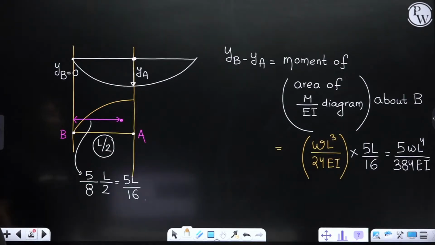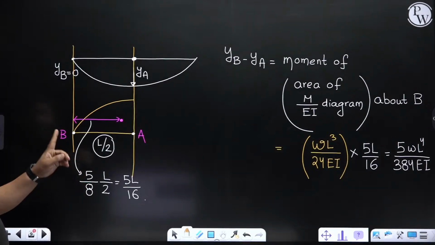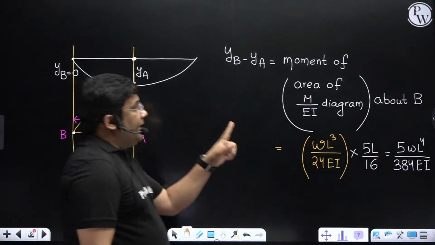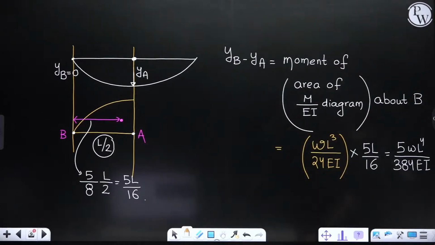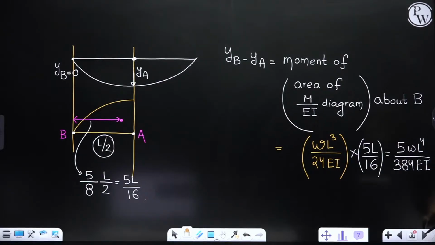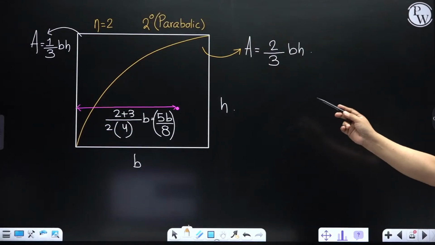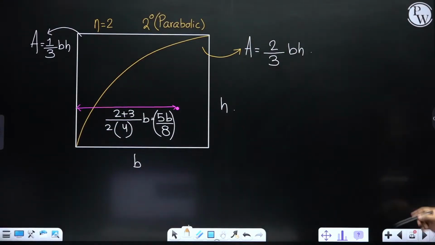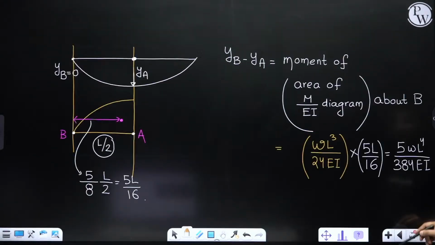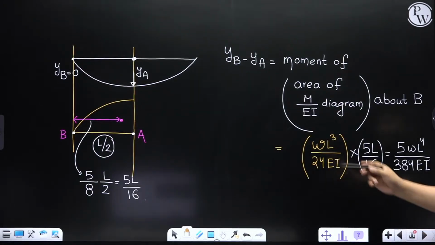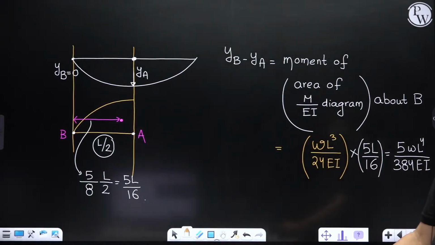And then when I'm finding the difference of the deflection, I took the moment of the M by EI diagram, and therefore I have to find this distance. How did I get this distance? By this formula, and for applying to a parabola it was 5B by 8. Here B is L by 2, so it becomes 5L by 16. Understood?